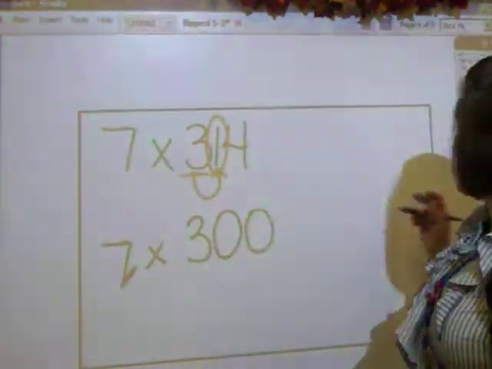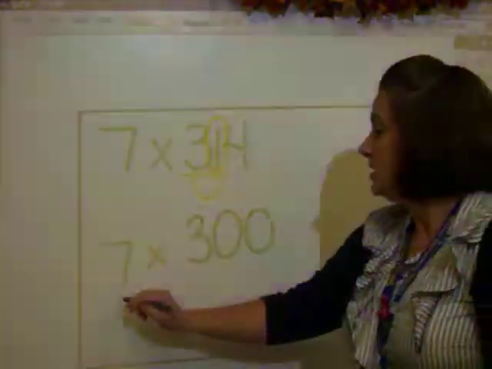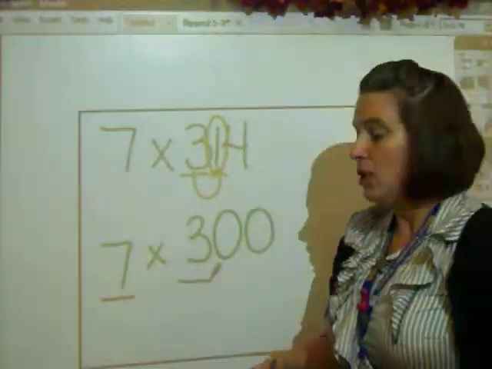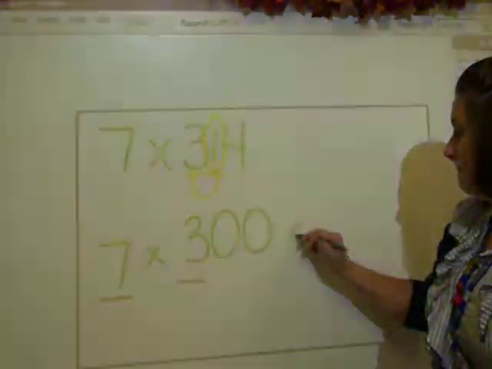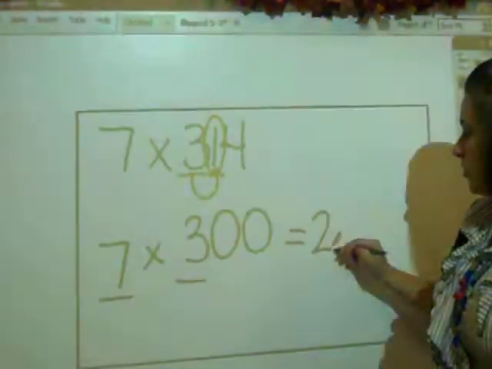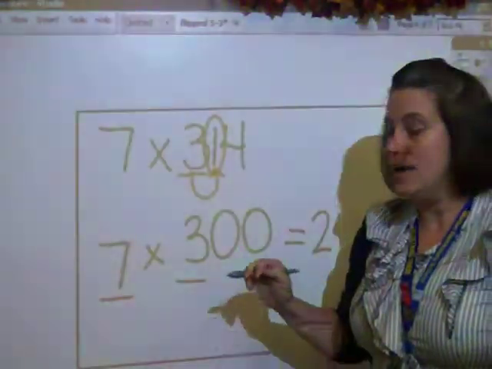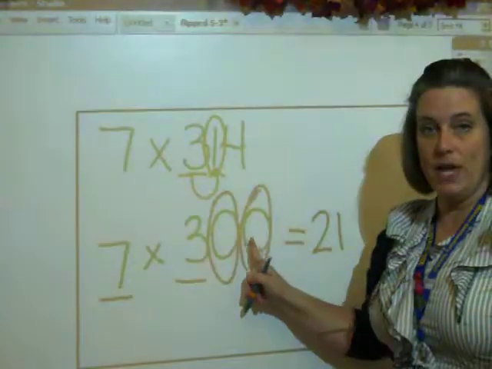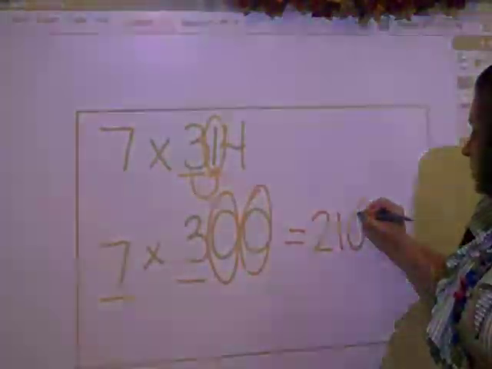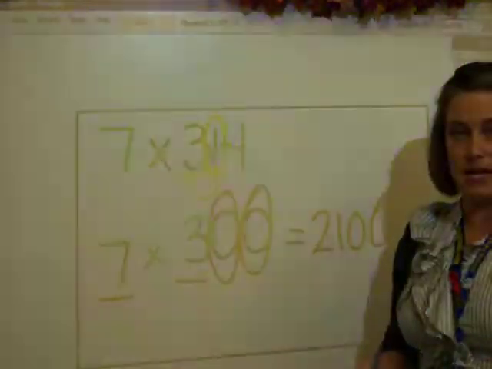Same thing from yesterday. Find the basic fact. 7 times 3 is 21. Record that in your product. Then circle all the zeros that you have. We have 2 zeros, so we write 2 zeros in our answer.